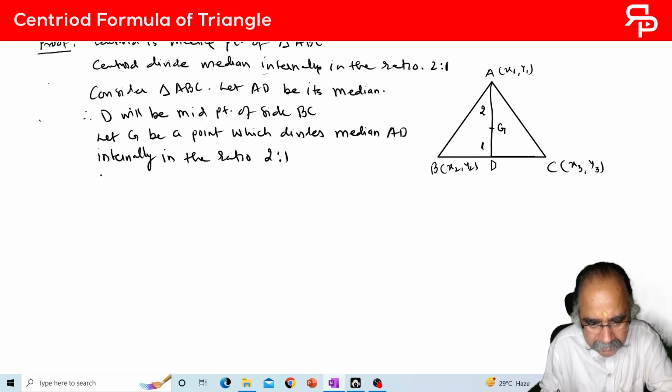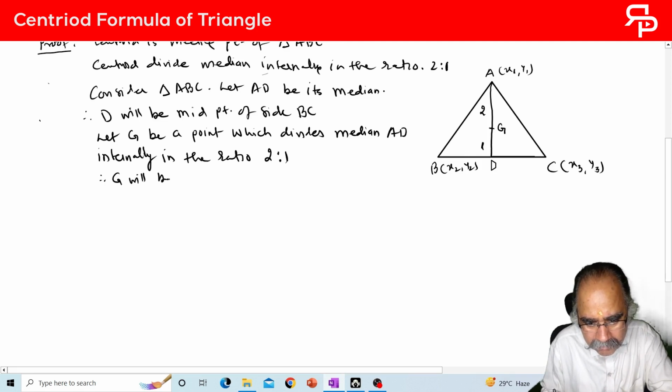Therefore, G will be centroid of triangle ABC.